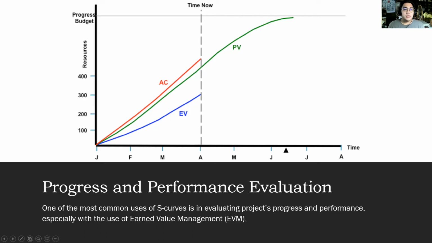Comparing the planned S-curve, known as the performance measurement baseline or planned value, with the earned value curve and actual cost curve reveals great information about the project's current status and future forecast. For example, a quick look at the graph above reveals that the project is overrunning its budget and behind schedule.